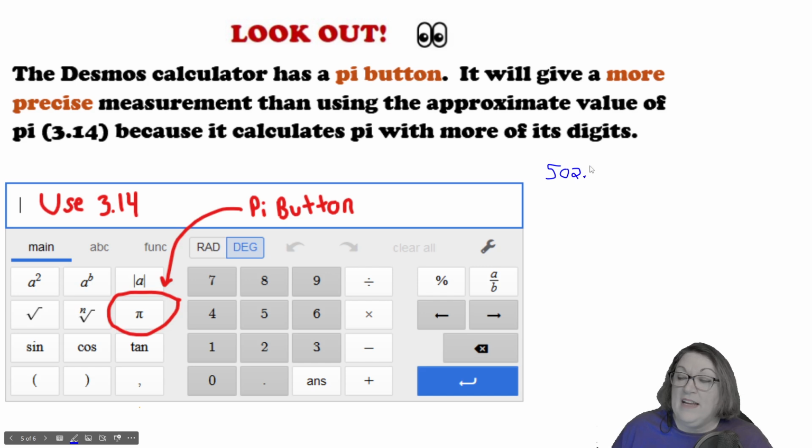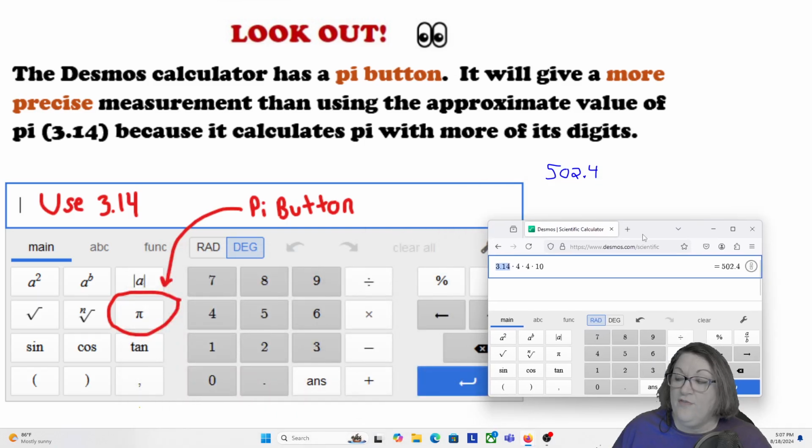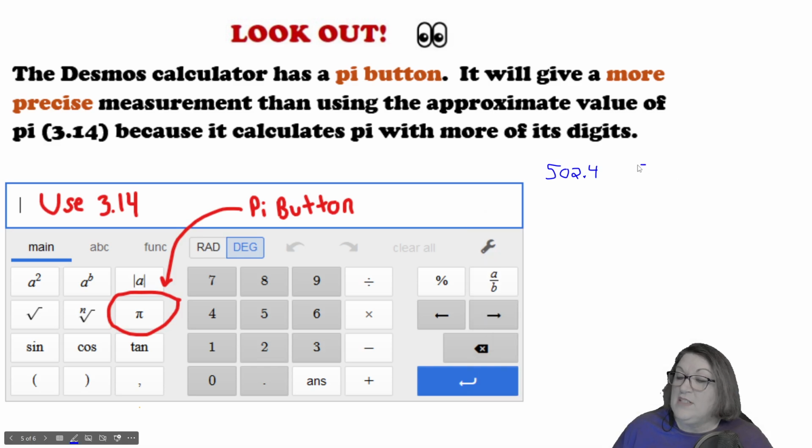Now, the reason I'm writing this down is because I want you guys to see how using the 3.14 and using the pi button are very similar, but just slightly off. Because if I change that 3.14 to the pi symbol, see how my answer kind of changed? And now it's 502.6, or actually it's 502.7 if you round up.